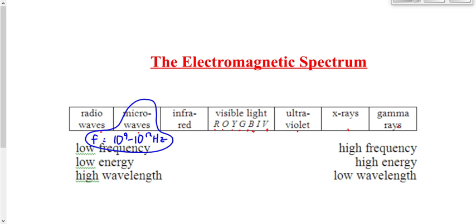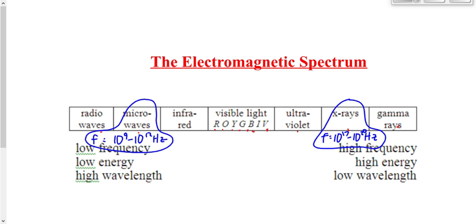You must memorize that. There's no little mnemonic device that's going to help you remember that microwaves are 10 to the 9 to 10 to the 12 hertz. You just got to remember it. In addition, you must remember that X-rays have a frequency of 10 to the 17 to 10 to the 20 hertz. Once again, there's no way around that. You've got to memorize that.